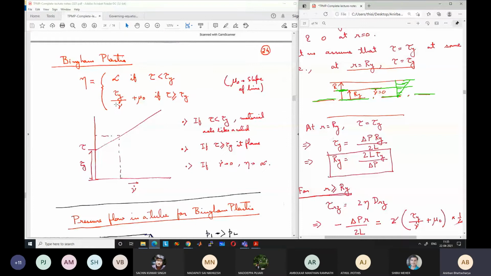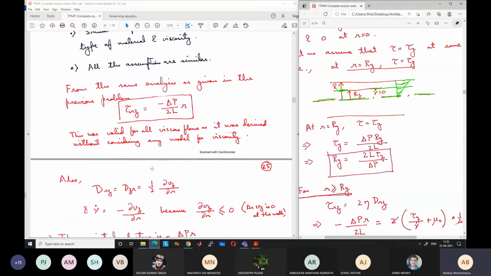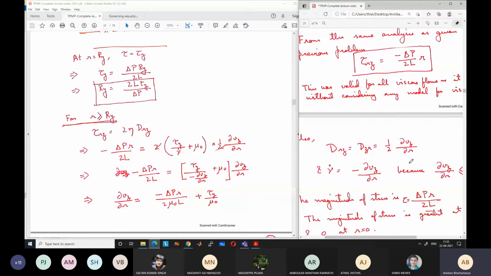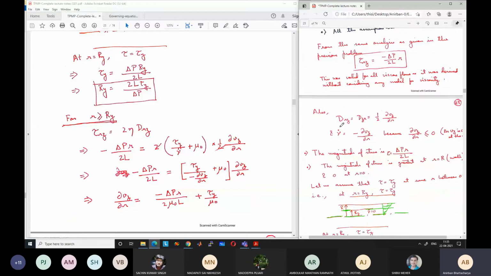So tau rz is equal to 2 eta drz. Remember that we had already these values: drz is equal to half dou vz dou r, and tau rz is equal to minus delta p by 2l r. So at r greater than Ry, tau rz is equal to 2 eta drz. So eta we will be replacing with the expression tau y by gamma dot plus mu 0.